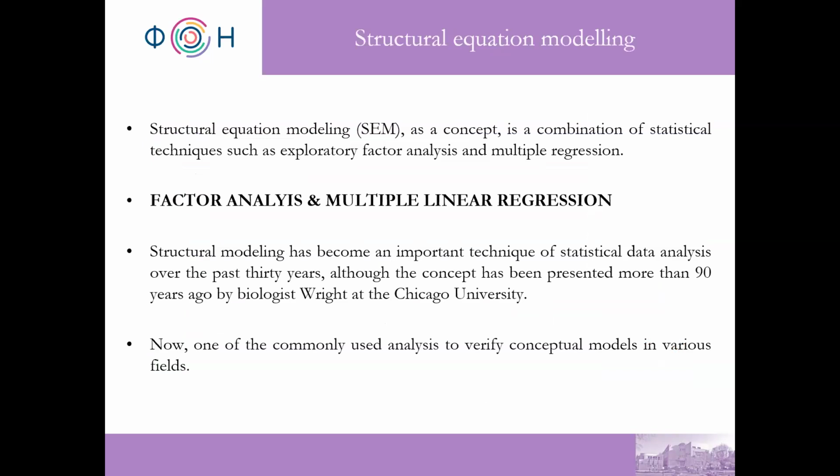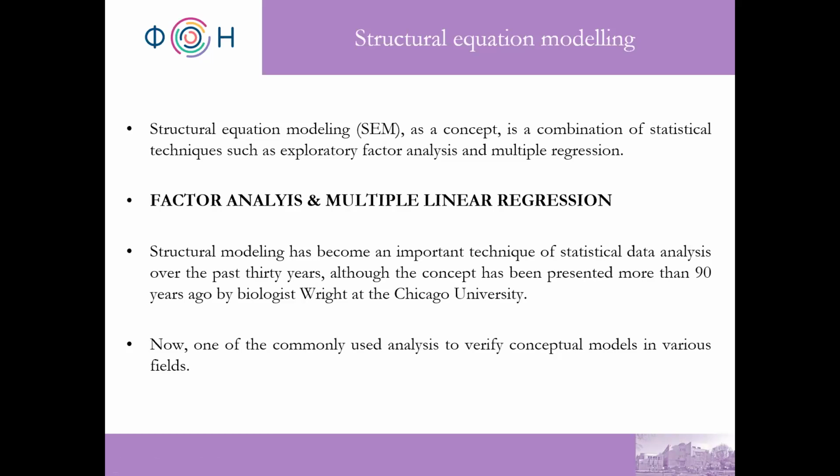So when it comes to SEM as a statistical multivariate analysis, the easiest way to describe it is that it is a combination of two statistical multivariate analyses. On one side we have factor analysis, and on the other side we have multiple linear regression. Factor analysis has the goal to group our variables into constructs, new variables.